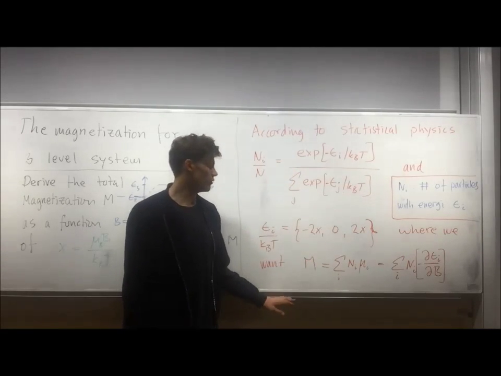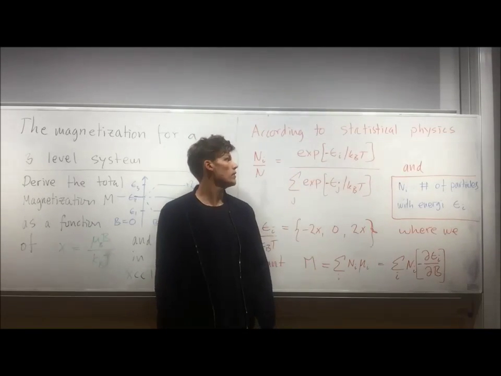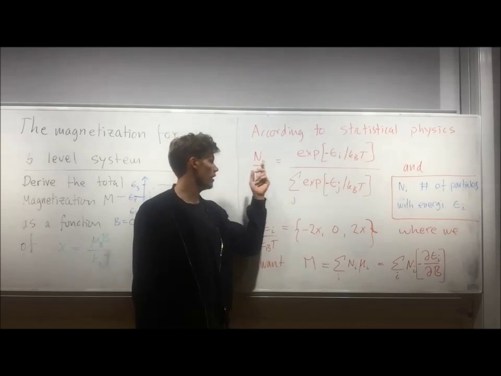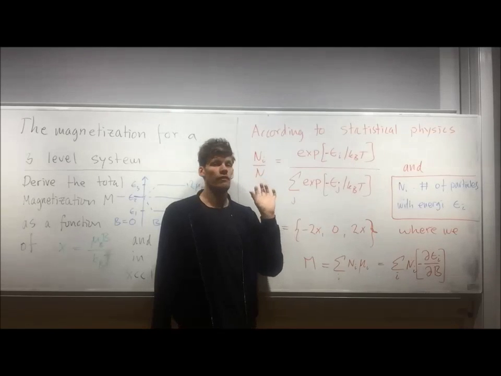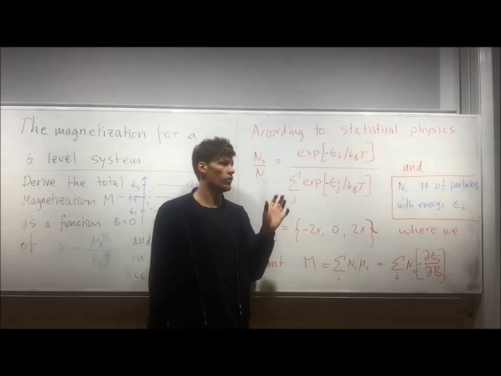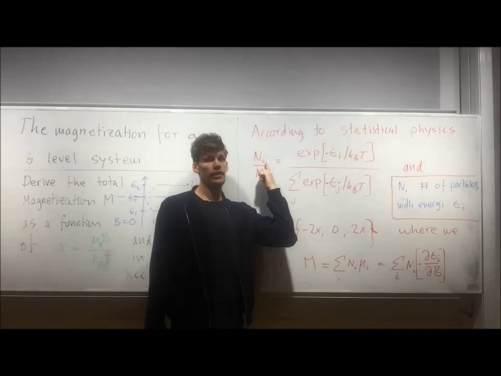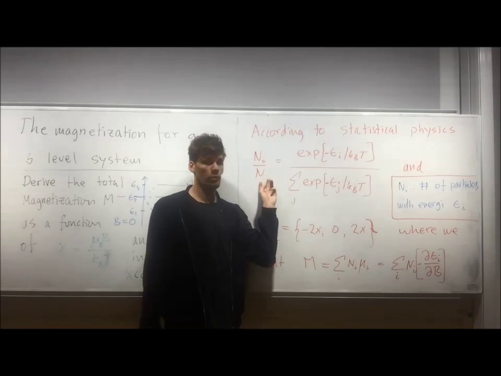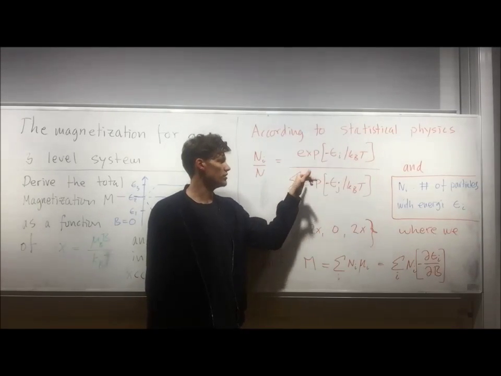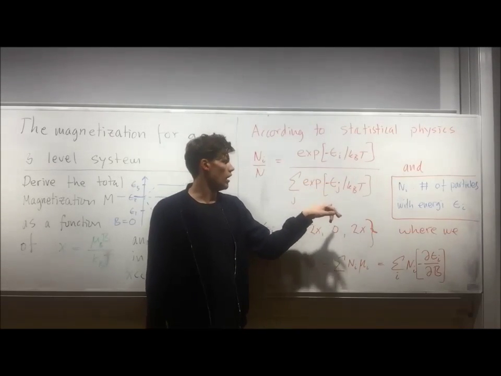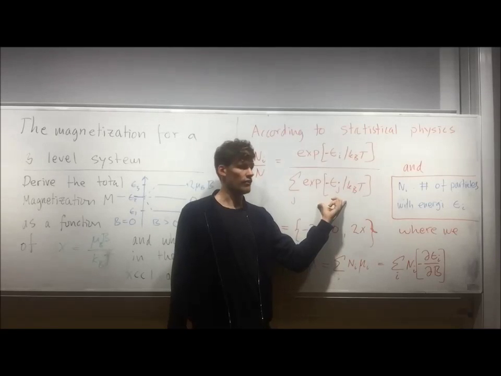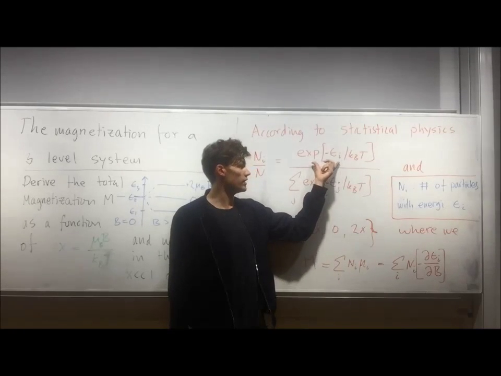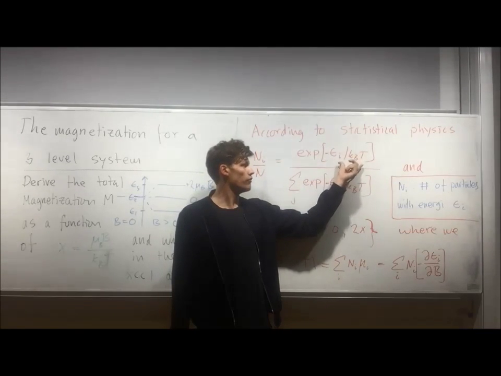Okay? And in order to do that, we use statistical mechanics, and in that case we get the number of particles in a certain state divided by the total number of particles is equal to this expression here. And this is just the canonical partition function, and this is an exponential of the energy divided by kBT, right?